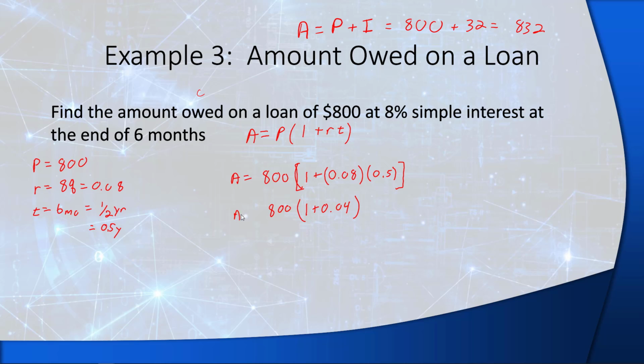That'll be equal to A. And then we can write A as 800 times 1.04. And if you knock that out in your calculator, you will indeed get $832. Okay, and there we go.